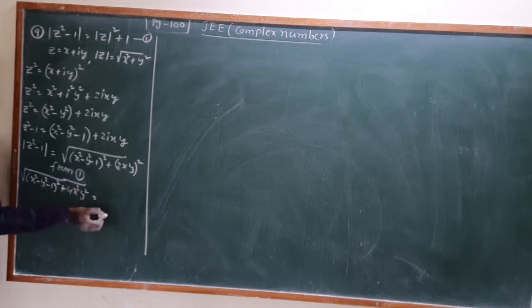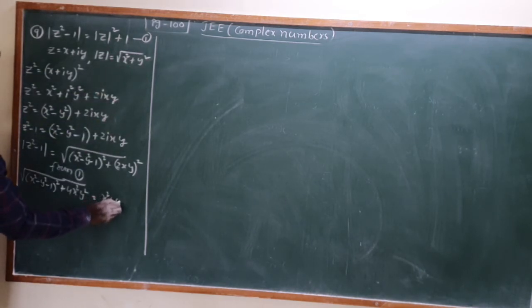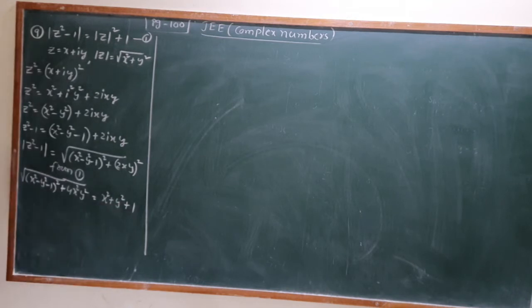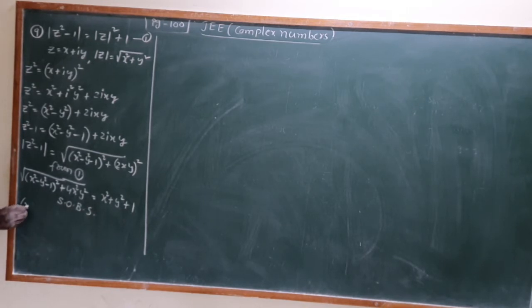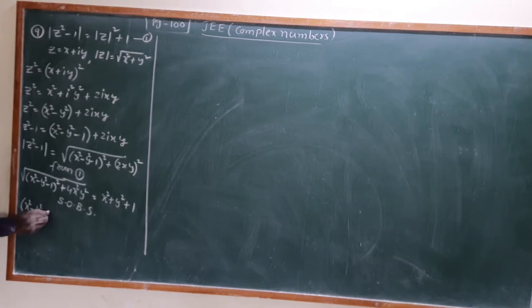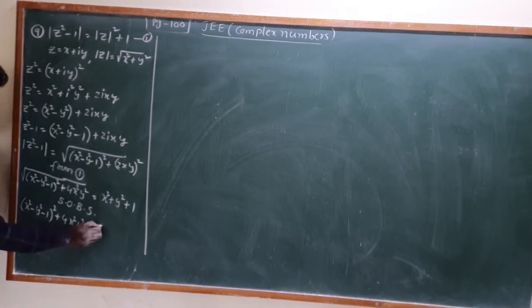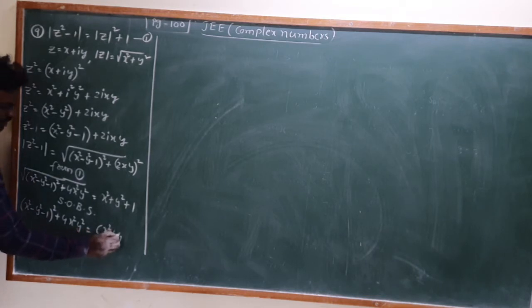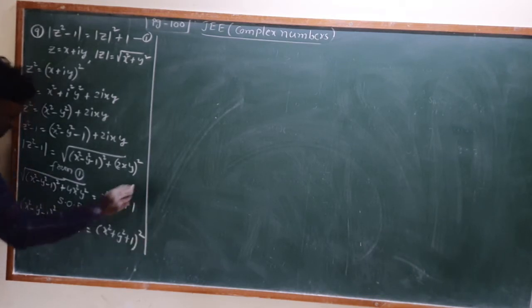The right side is mod z square plus 1. If you square here, the root gets cancelled: x square plus y square plus 1. Again root is there, so to cancel the root, squaring on both sides, we get x square minus y square minus 1 whole square plus 4x square y square equal to x square plus y square plus 1 whole square.